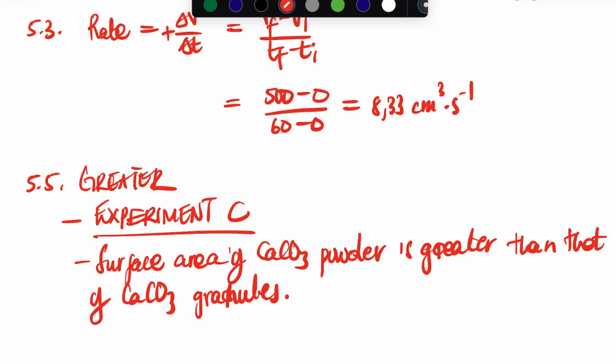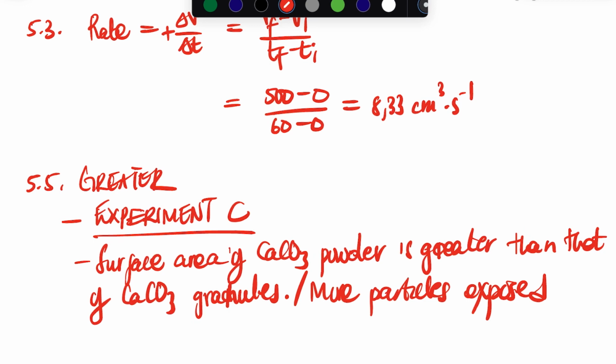That's very important. Alternatively, here you can say more particles exposed. That's the same point. More particles exposed, right? More particles exposed. That's one point, guys.